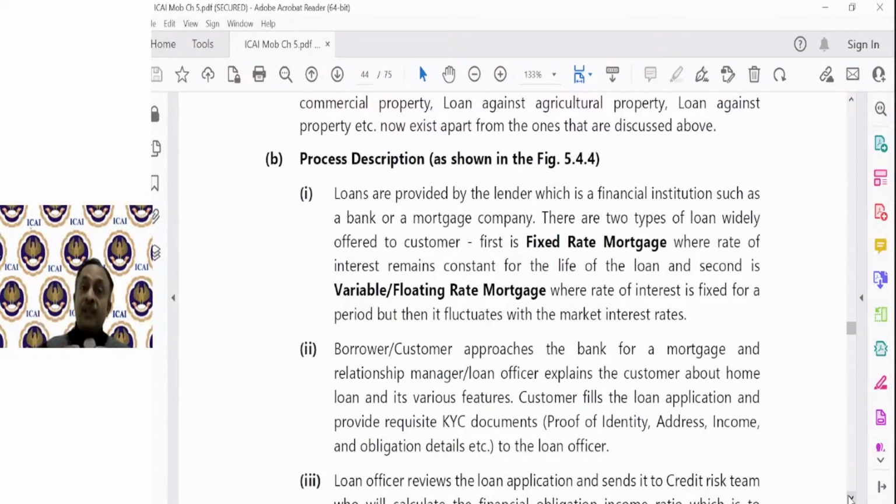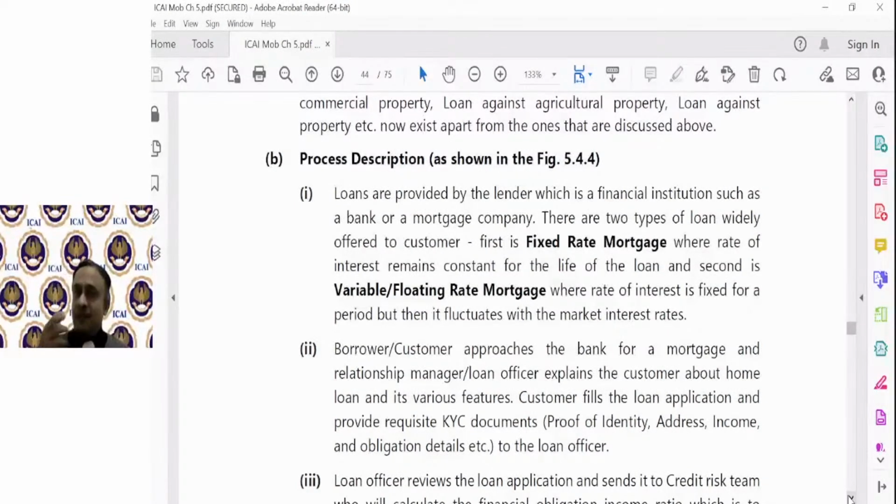So what is happening today? The trend that we are looking at is increasing rate of interest. Now, suppose I had a fixed rate mortgage, my rate of interest will be constant. But if I have a floating rate mortgage, then it is increasing. Today's situation is increasing rate of interest. 5 years back, it was decreasing rate of interest.